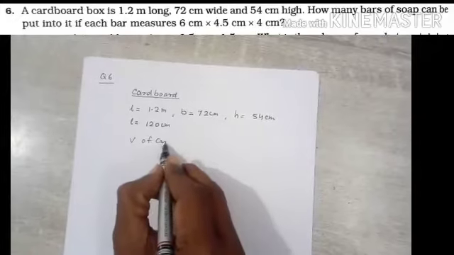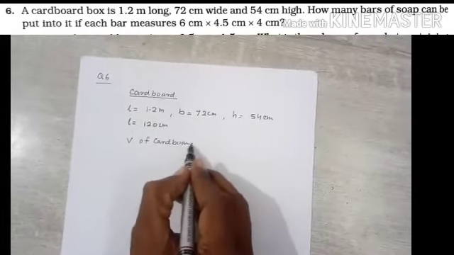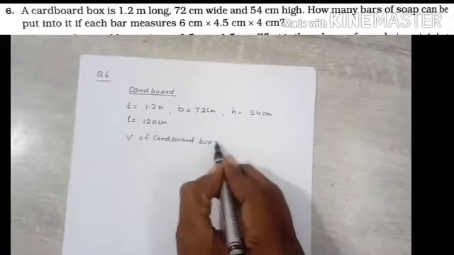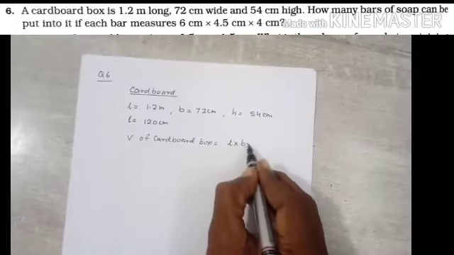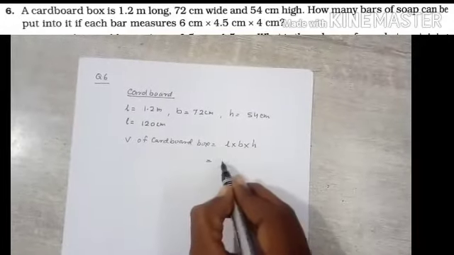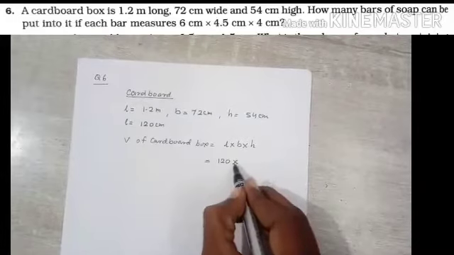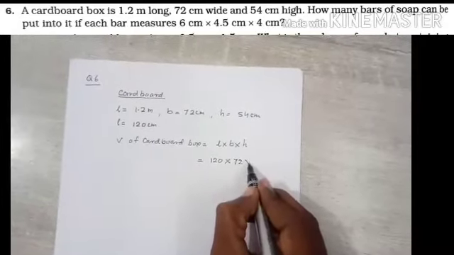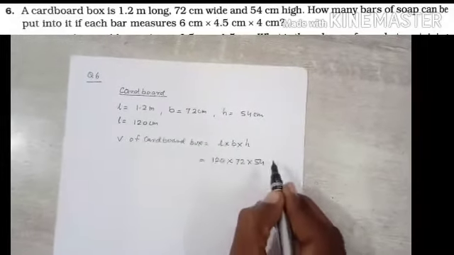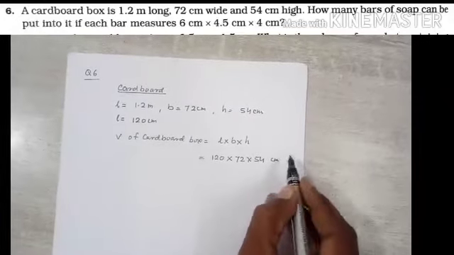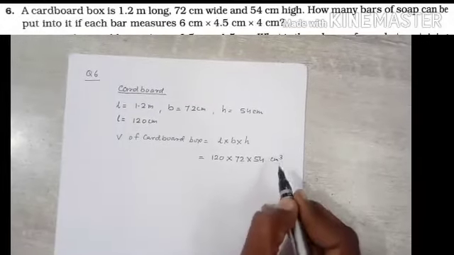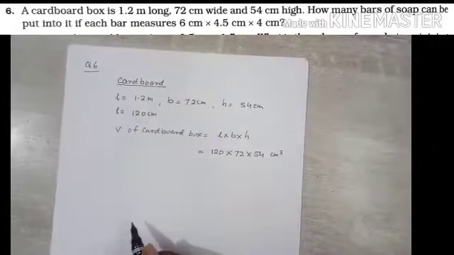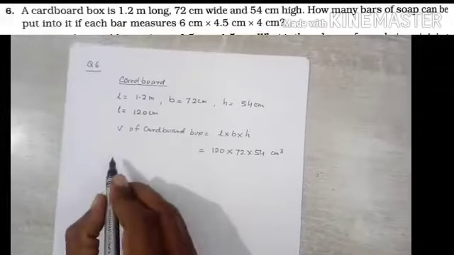Volume of cardboard box equals length into breadth into height. Length is given 120 centimeter, breadth 72 centimeter and height 54 centimeter. Unit of volume is cube centimeter. This is the volume of cardboard box. Now soap.